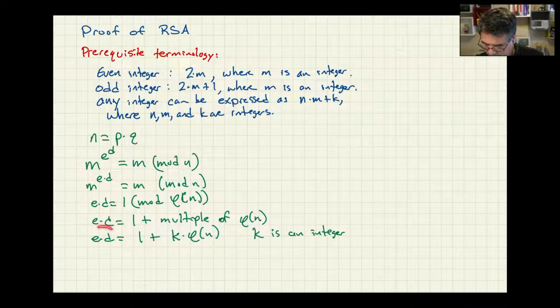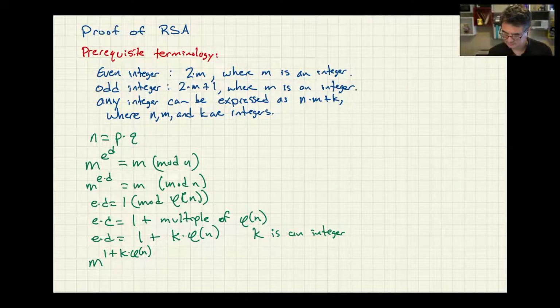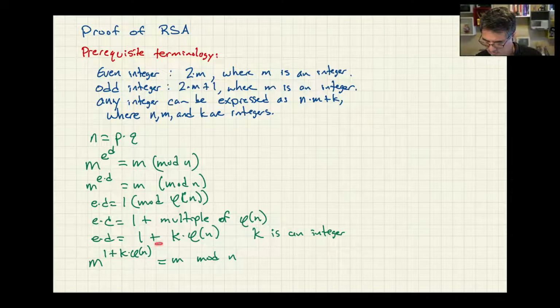So let's put this e times d back here. Okay, so I took this representation for e times d, and I just swapped it back into that formula that we're trying to prove.